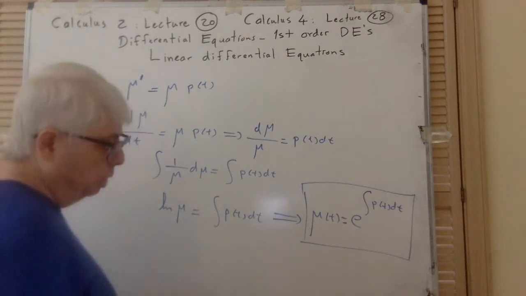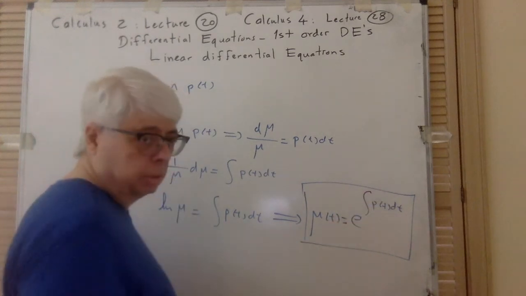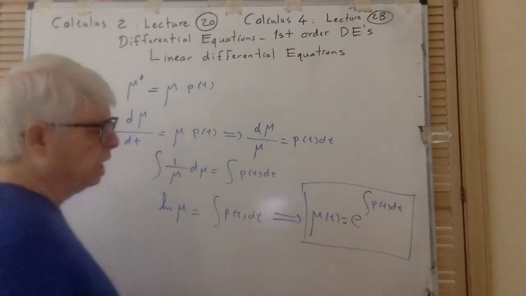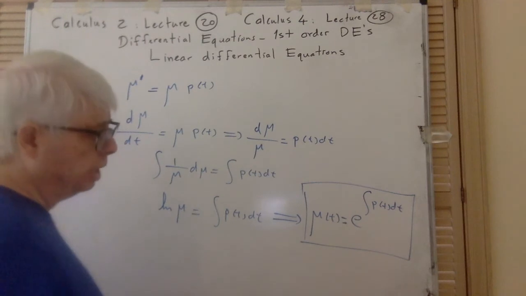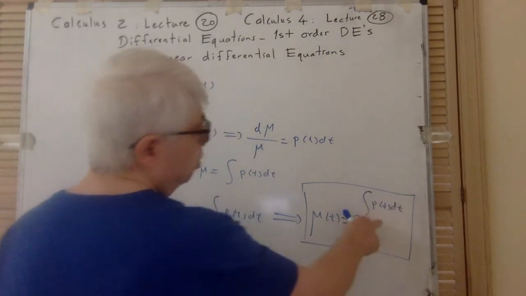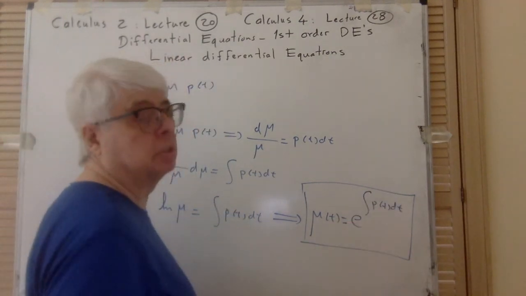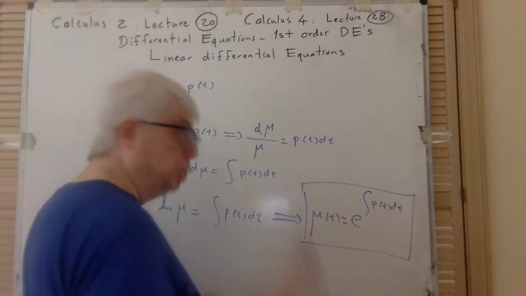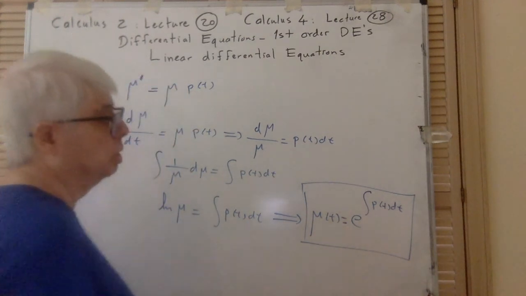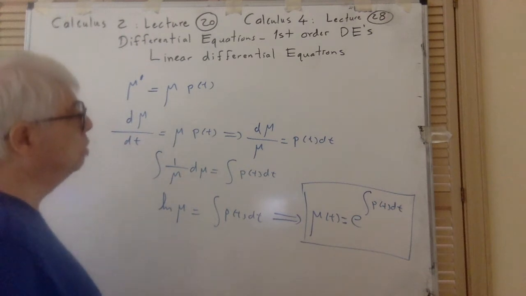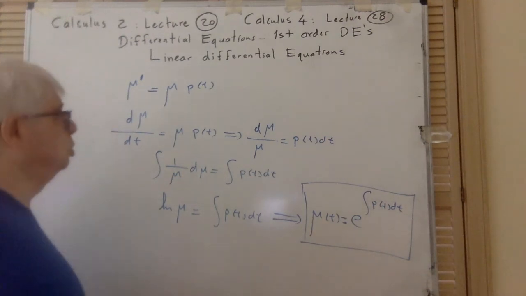Well, as I said, you can add a constant here. So it is saying that mu t is not unique, right? If I add a constant, I have e to the power of this times e to the power c, and that e to the power c you can write as b, and you will see that it will cancel out at some point. So there's no reason to do that.